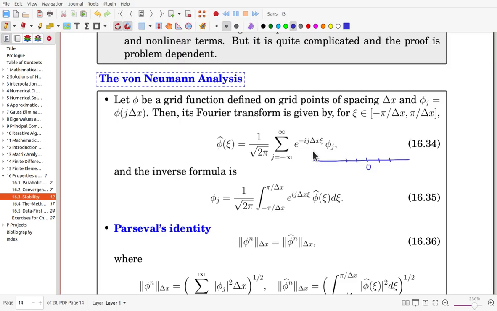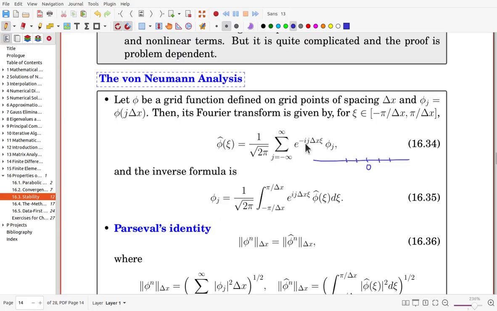Now, its inverse formula is given in this integral form. From these Fourier transformed quantities, the frequency values, you can recover a given grid point value through this inverse transform.